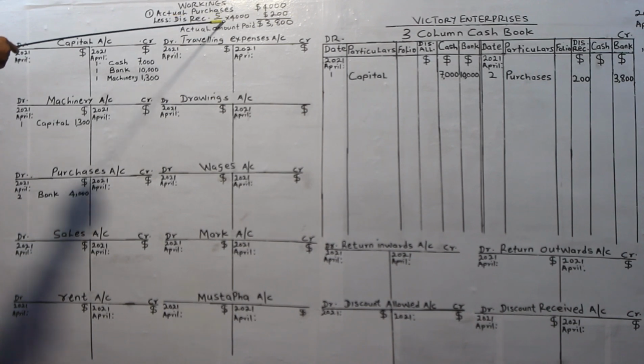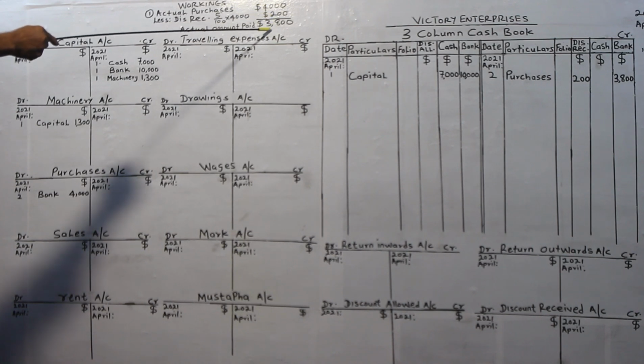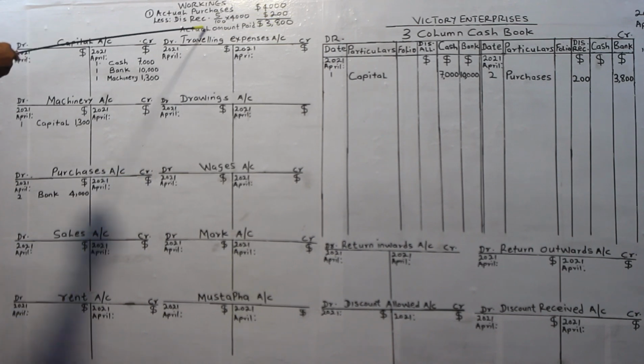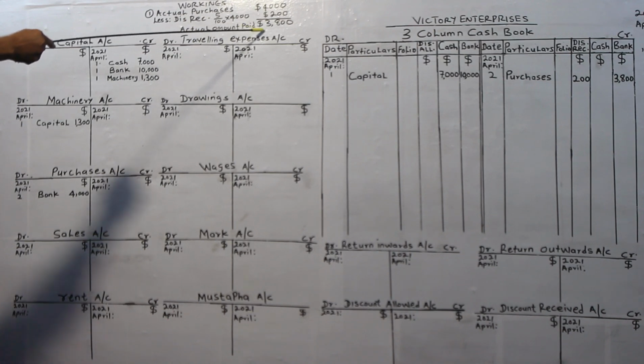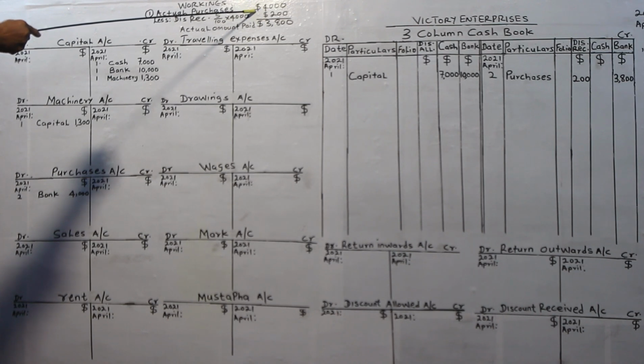So we have 5 over 100 times 4,000. That gives us $200. So we have 4,000 minus 200, that gives us $3,800. That is the actual amount paid for purchases, while the real value of the goods purchased is $4,000.